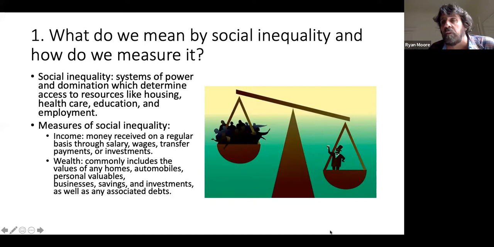People's retirement accounts, their savings, their investments, all of these come into play when we talk about wealth. So income is like take-home pay, just how much money is coming into your life in a given amount of time.